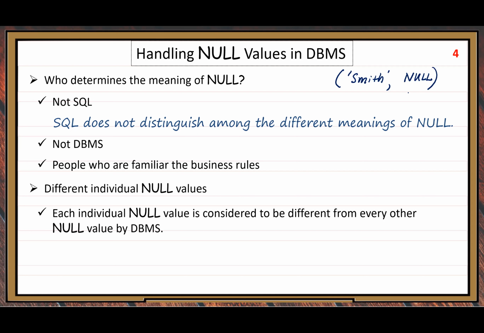That's one row. Another row, also Smith, but the other one also null, right?